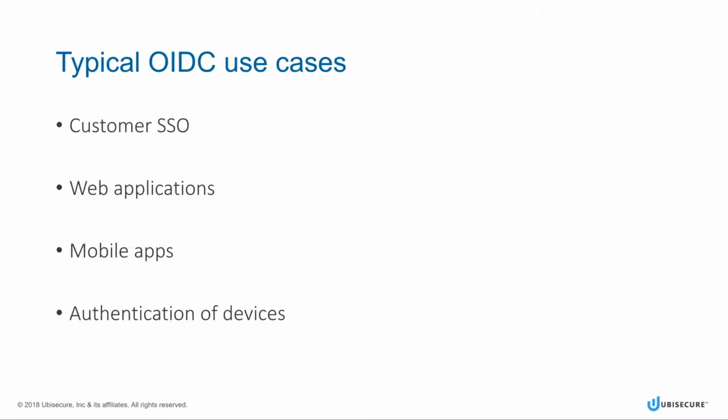Some of the typical use cases for OpenID Connect today are SSO for customer systems, single sign-on for web applications, so that a customer can move between different web applications and stay signed in without having to sign on again and again, even when those web applications may be owned by different services. It's also very common for mobile apps, so a way for apps such as Android or iOS applications to perform authentication and authorization for their users.